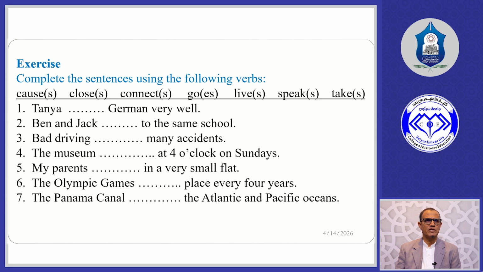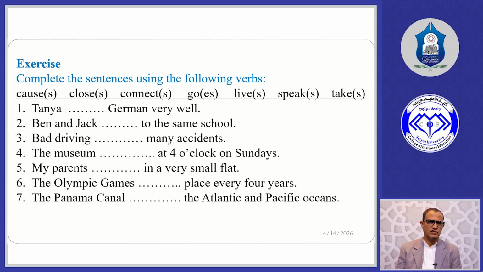I'll give you only one example, Tanya. You have to look at the subject first. The subject here, Tanya, is singular, so the verb that follows should take an s. So we say Tanya speaks German very well. In the second one, we have a plural subject, Ben and Jack.